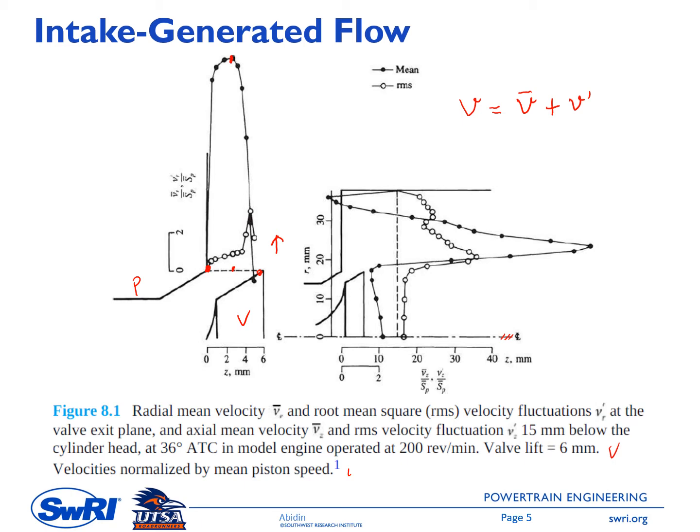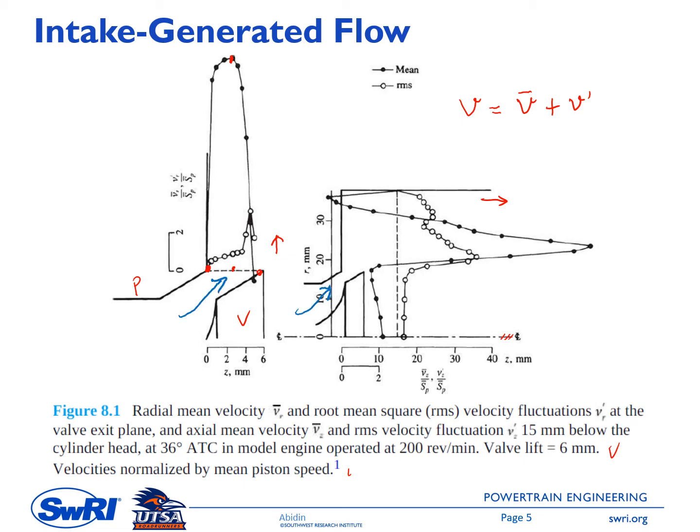And then this one is the fluctuation velocity, the line with the hollow dot here. On the right side is the velocity in the axial direction, so it is in this direction, assuming that the flow is coming in this direction.